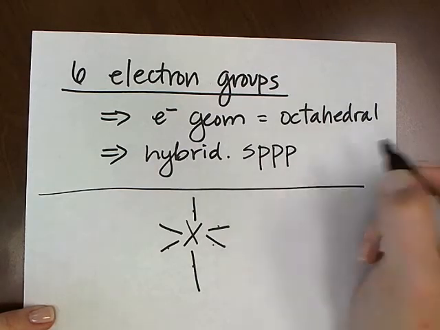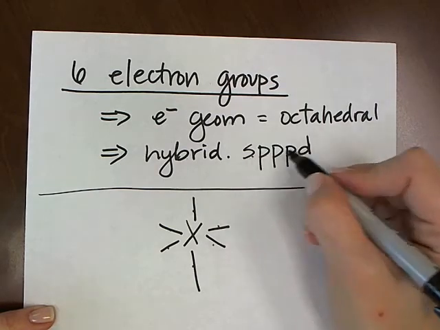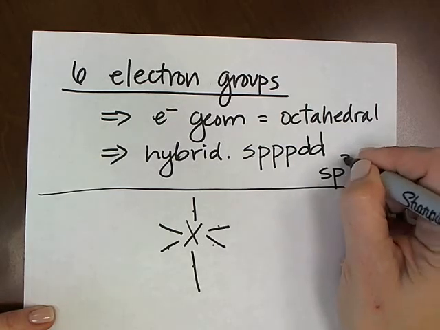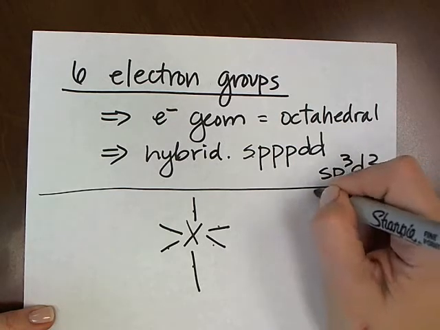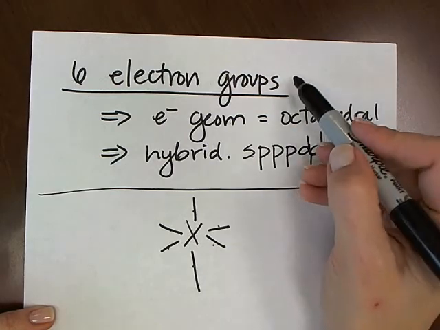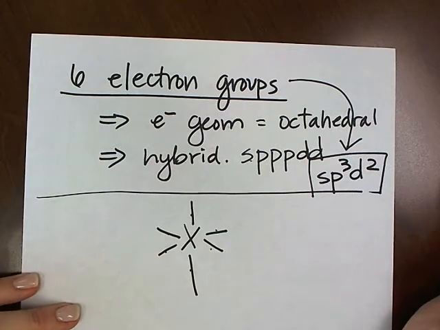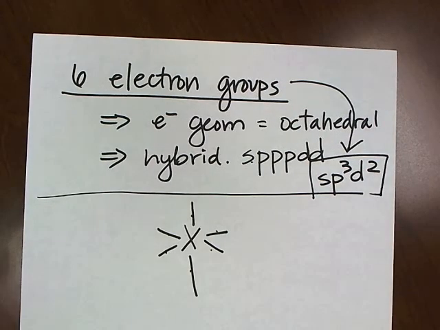We have 3 P's, we can start adding D's, that's 5 electron groups, this will be the 6th one, so the hybridization is sp3d2. Okay, that's just a quick and easy way to get from here to here. Doesn't really explain hybridization, but it'll help you figure out what they should be in each of these cases.